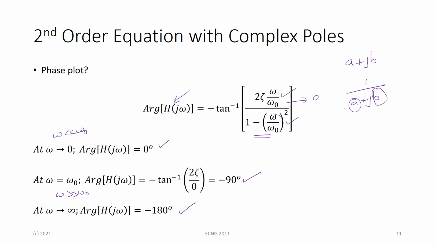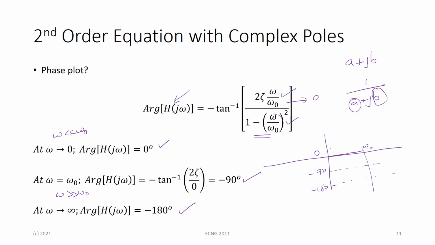If you were to plot that, the phase angle plot would start at 0. This is omega naught here. Less than omega naught, it's 0 degrees, then minus 90, then minus 180.